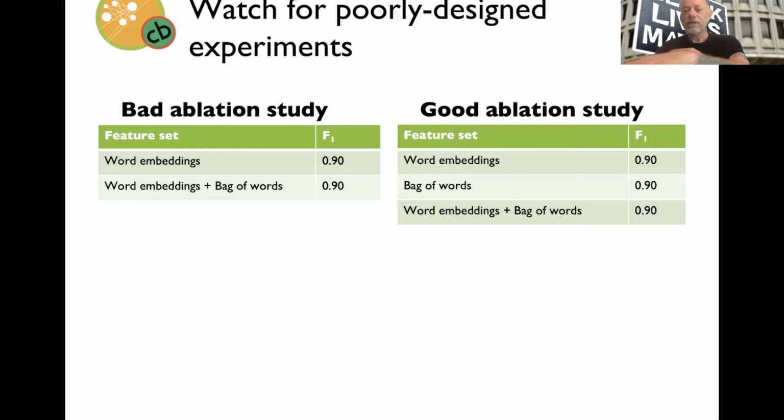If you left out just the top row of that, you could imagine the paper concluding that actually it was word embeddings that didn't add anything to what you did with the bag of words. So the point here is in a good ablation study, you want to see every feature not just ablated, not just removed, but all features but one ablated.